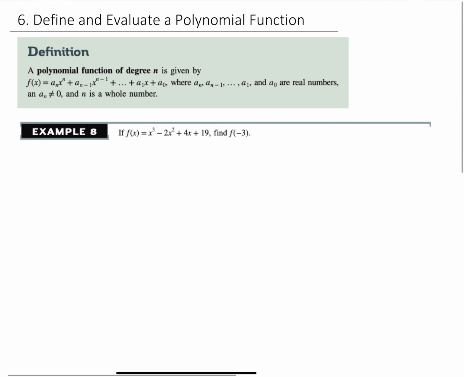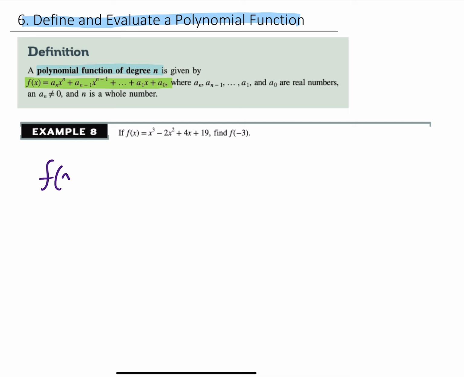All right, our last section has us define and evaluate a polynomial function. So it says a polynomial function of degree n is given by this big general expression. What we have is really what we've been working with so far, a series of x's to some power with some coefficient. They're just using this new name for it, f of x.